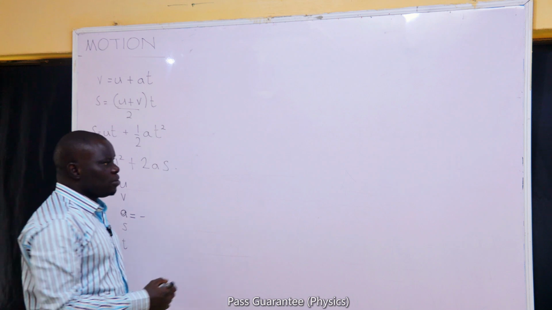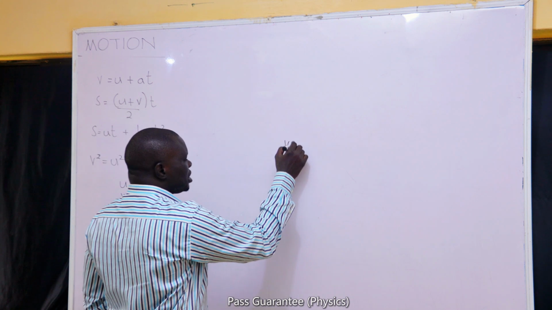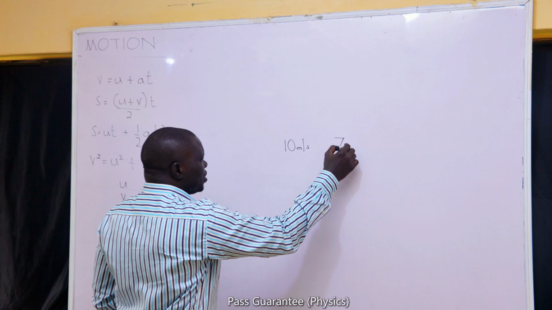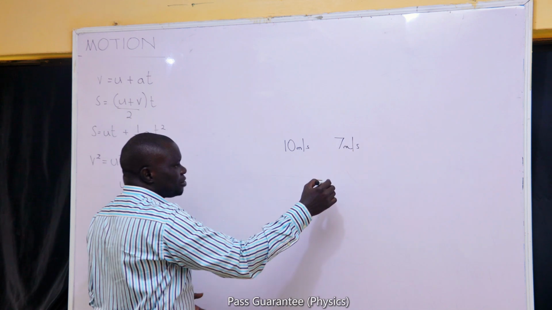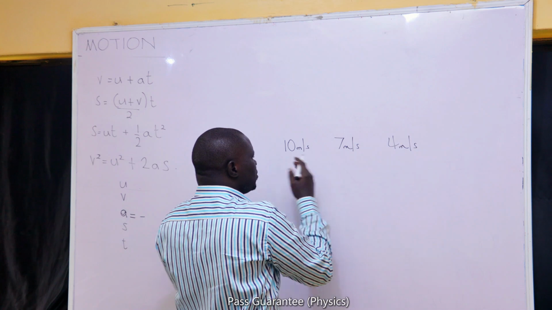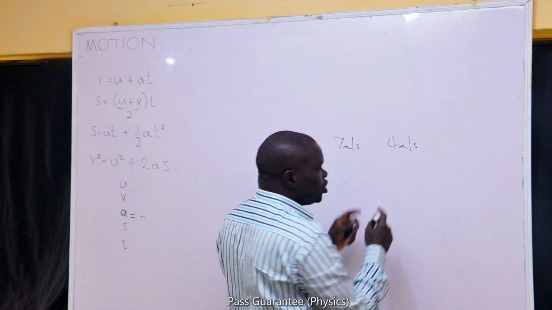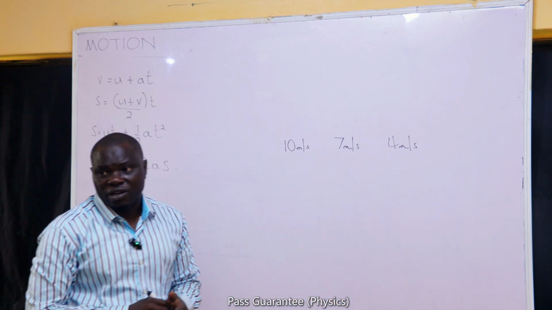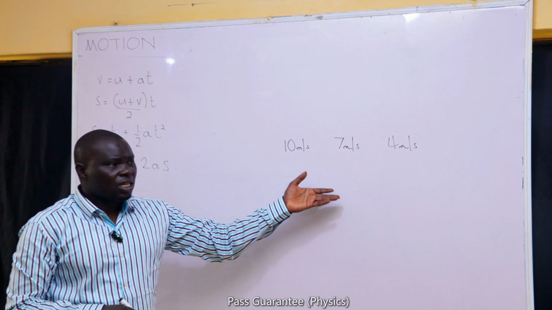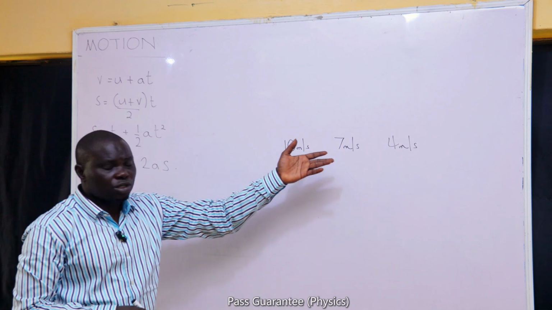A very good example: if an object starts with a velocity of 10 meters per second, and after 1 second the velocity becomes 7 meters per second, then it becomes 4 meters per second, it means the velocity of the object is reducing. And once the velocity of an object is reducing, it clearly means that it is decelerating. So there are two ways I can refer to the motion of this object.